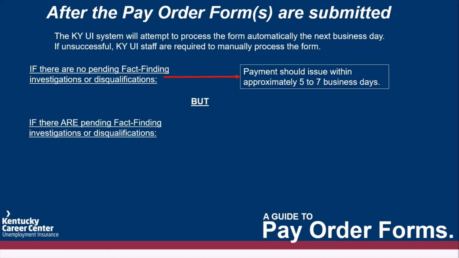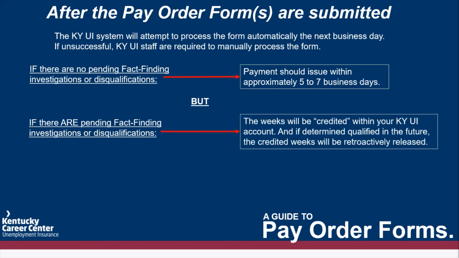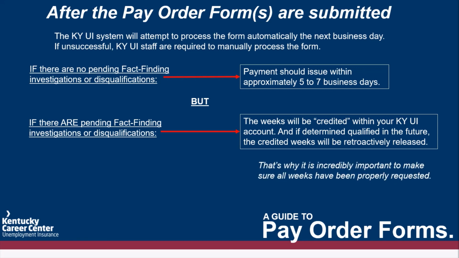But if there are pending fact-finding investigations or disqualifications, the weeks will be credited within your Kentucky UI account, and if determined qualified in the future, the credited weeks will be retroactively released. That's why it's incredibly important to make sure all weeks have been properly requested.